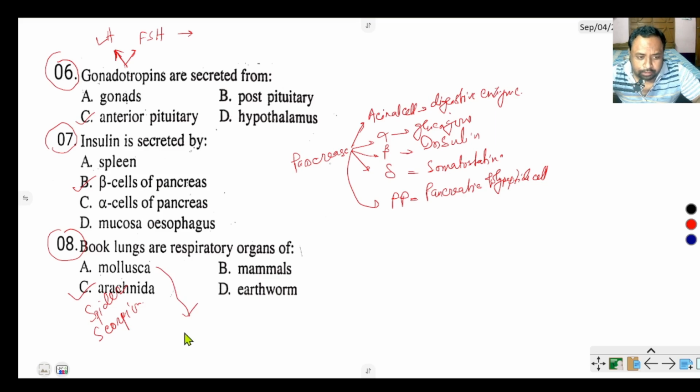The aquatic Mollusca contain gills. Terrestrial Mollusca respiratory organ, mammals, that is lungs. And earthworm respires through the subcutaneous skin.